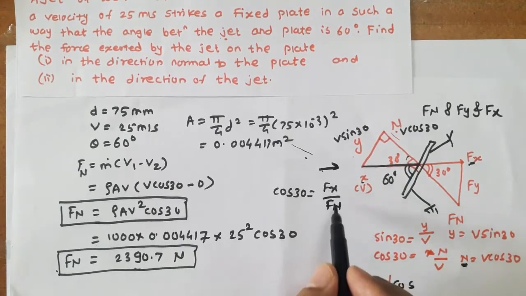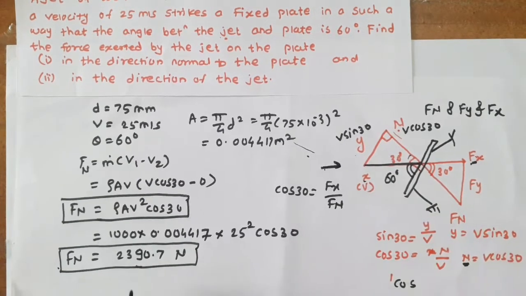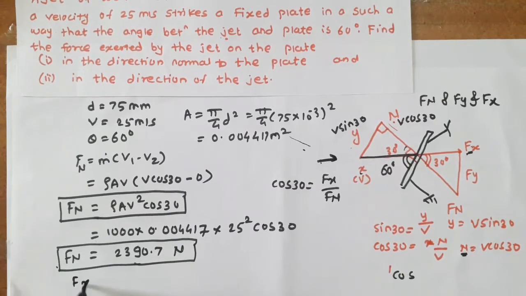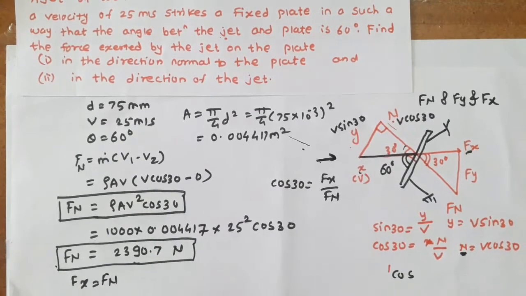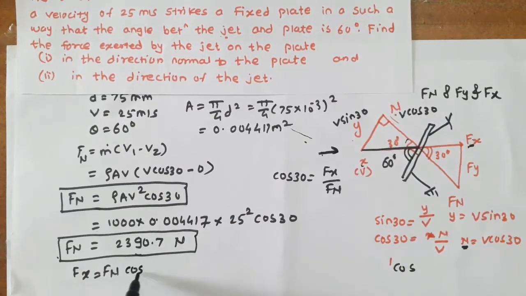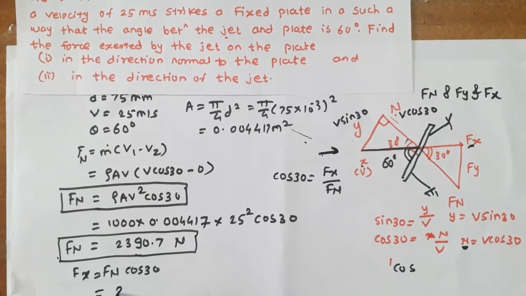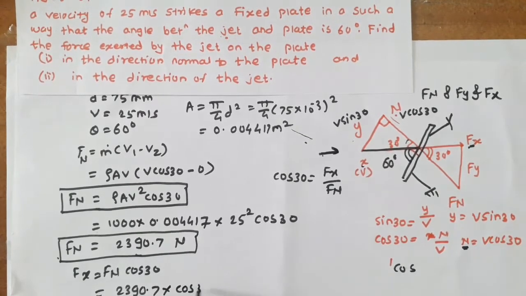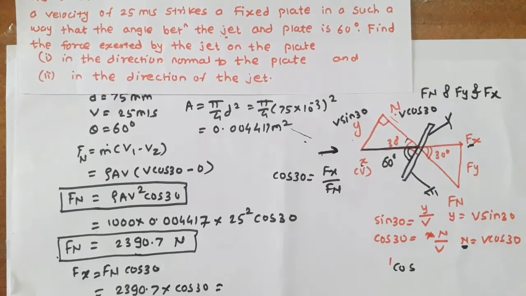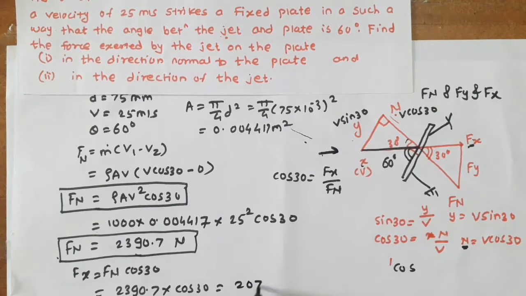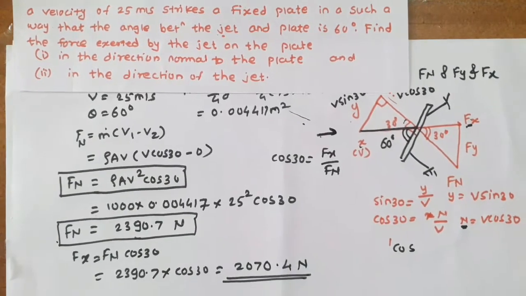So Fx is Fn into cos 30. The Fn value is 2390.7 into cos 30. After simplification, we will get 2070.4 Newton. So this is the Fx value.